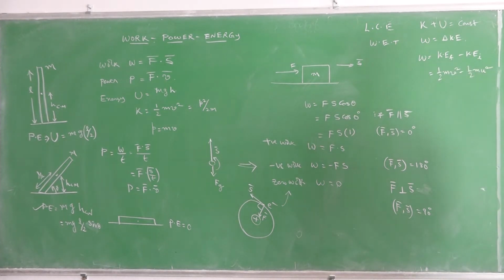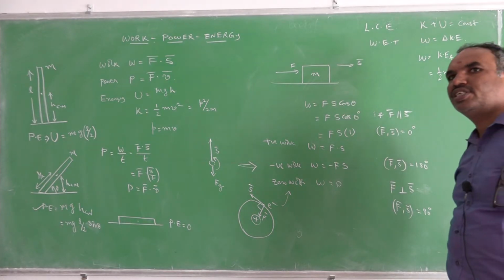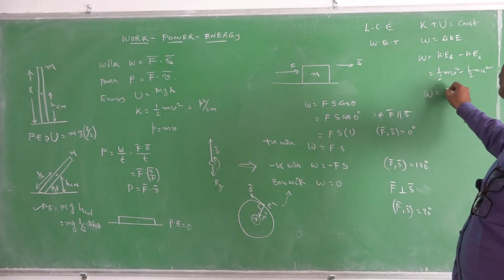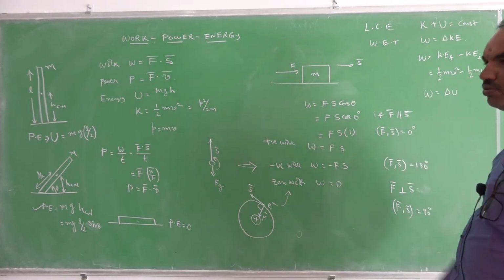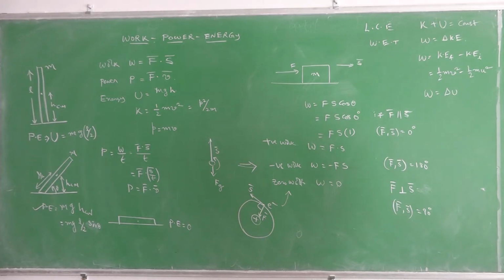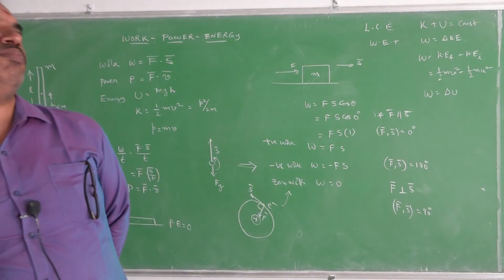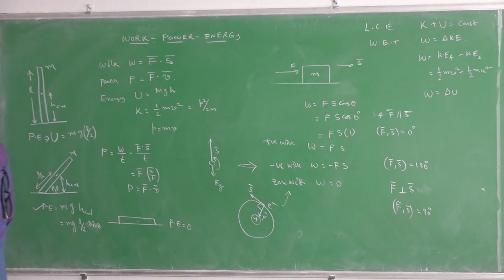By taking the difference of final kinetic and initial kinetic energy, you can calculate work done in case of a moving object. Sometimes work done might be equal to change in potential energy also. Depending on the situation, we should take the work done value, either change in kinetic energy or change in potential energy, as equal to the amount of work done.